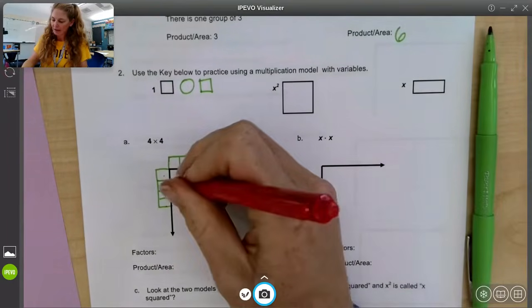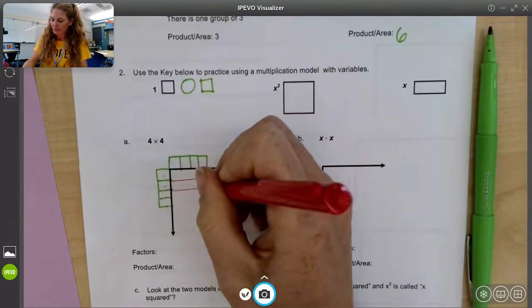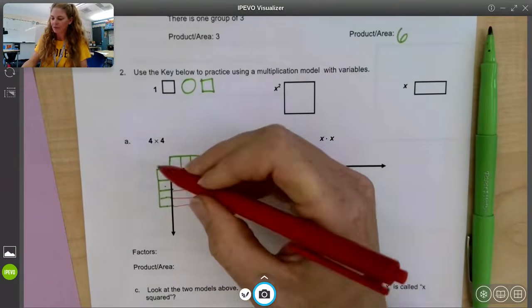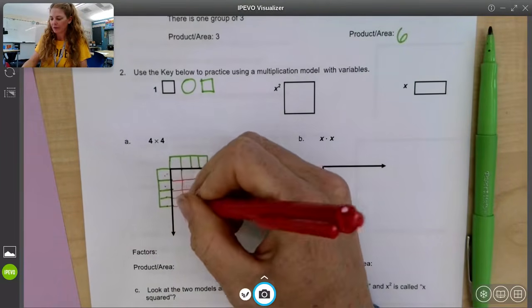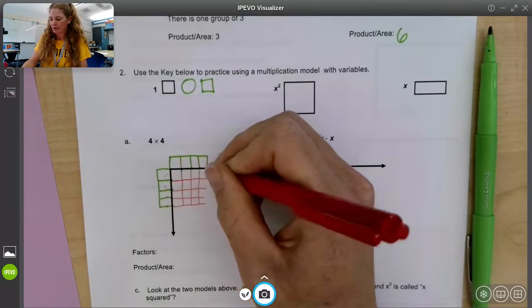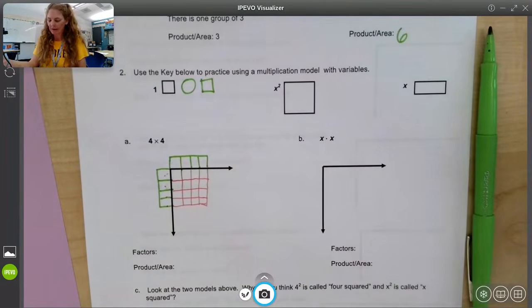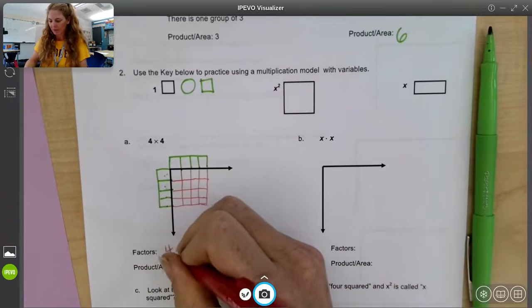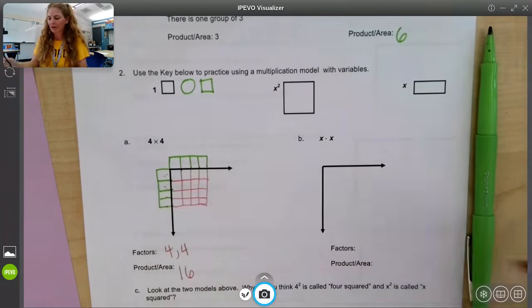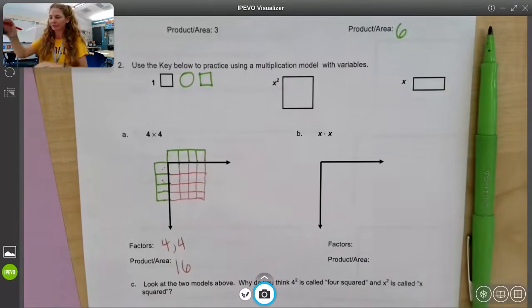So on the inside, remember the first factor is the number of groups, so we're going to have 1, 2, 3, 4 groups of 1, 2, 3, 4. So you would have 16 in the middle. So our factors are 4 and 4, and our product or our area is 16.